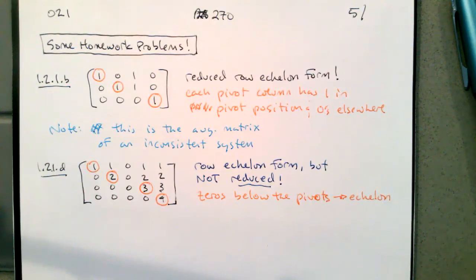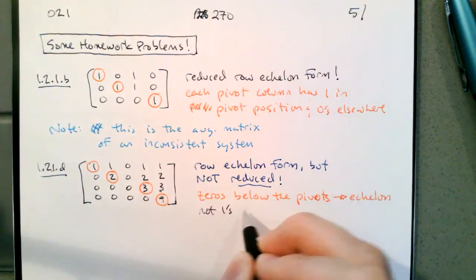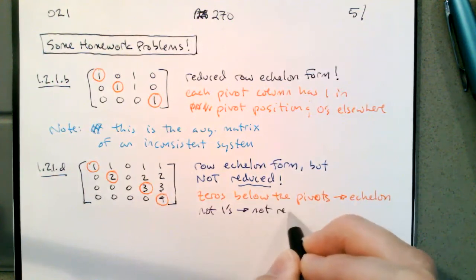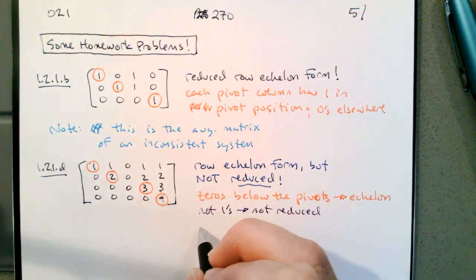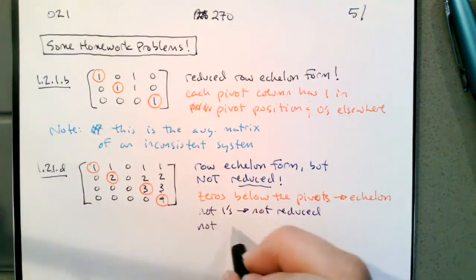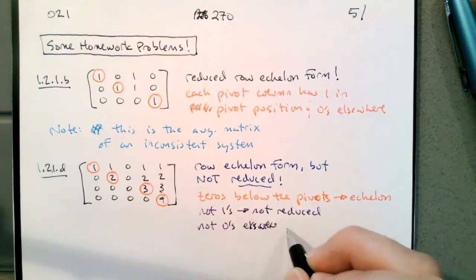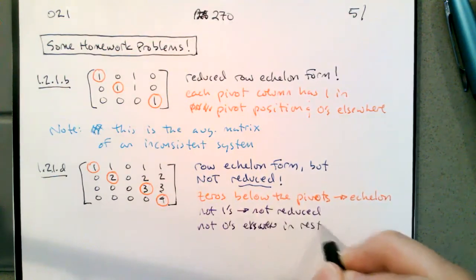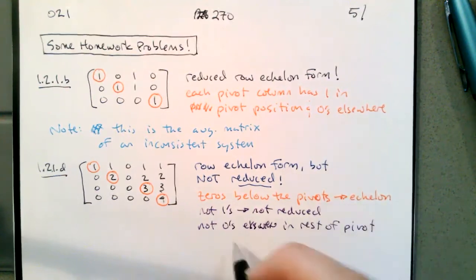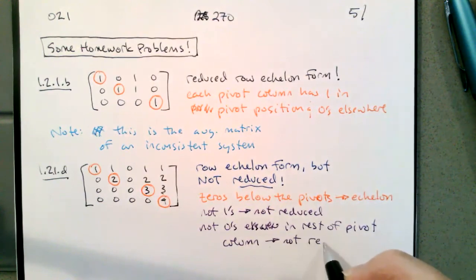But the pivots are not ones, so it's not reduced, and in addition, there are non-zeros elsewhere in the column, so it's not reduced. So there's two reasons this is not the reduced row echelon form.